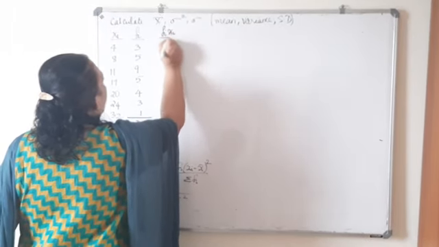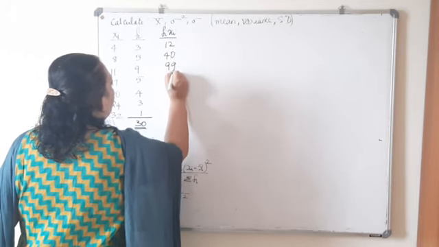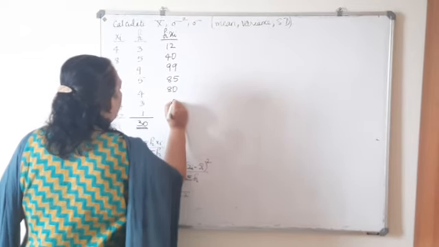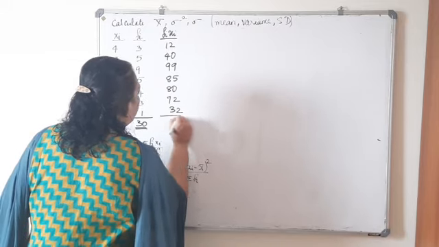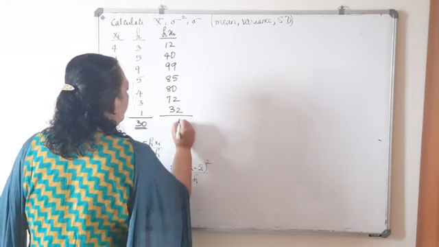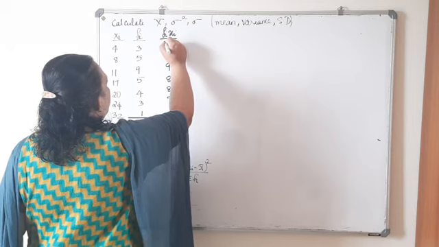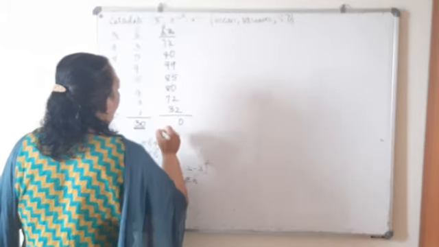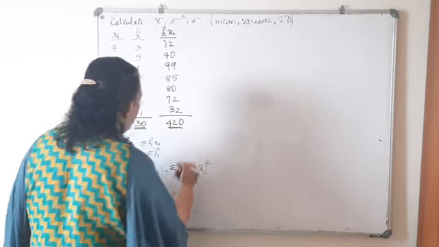Fi into Xi: 12, 40, 99, 5 sevens are 35, 85, 80, 72 and 32. Sigma Fi Xi is 420.